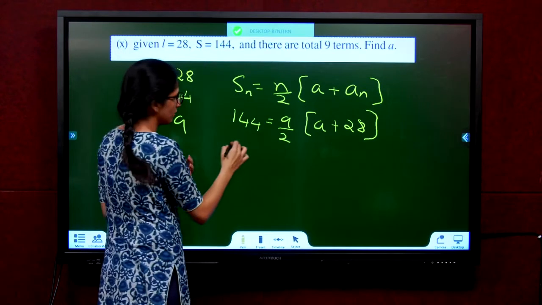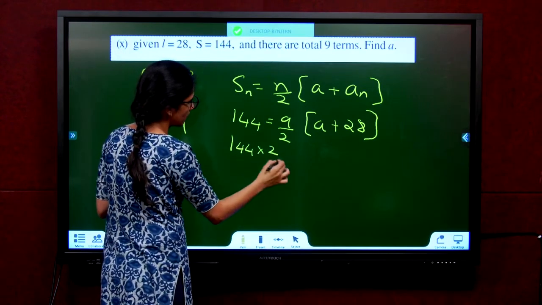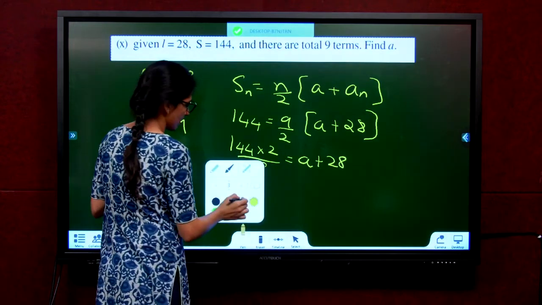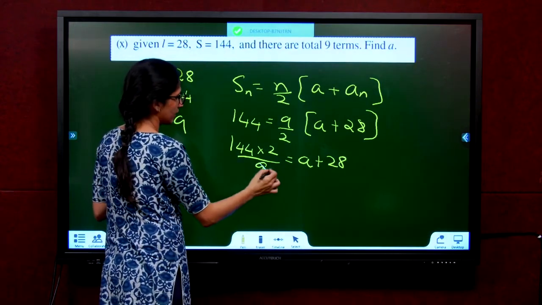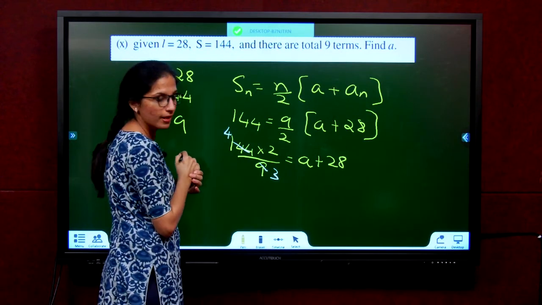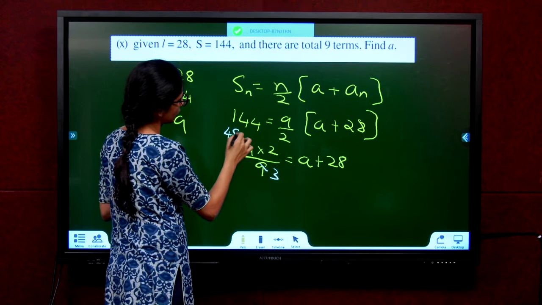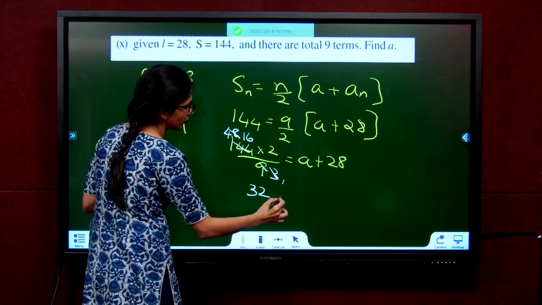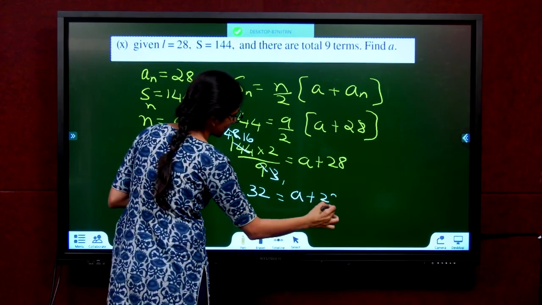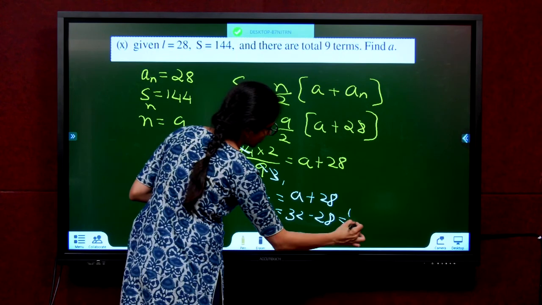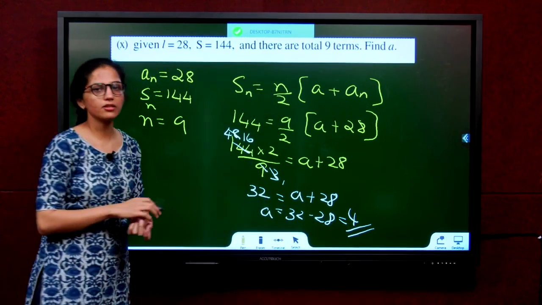Send the 2 here. 144 into 2 by 9 is equal to A plus 28. 3 3s are 9. 3 4s are 12. Remainder 2, 3 8s are 24. 3 1s are 3, 16 2s are 32. 32 is equal to A plus 28. A is equal to 32 minus 28, which is 4. Value of A is 4.